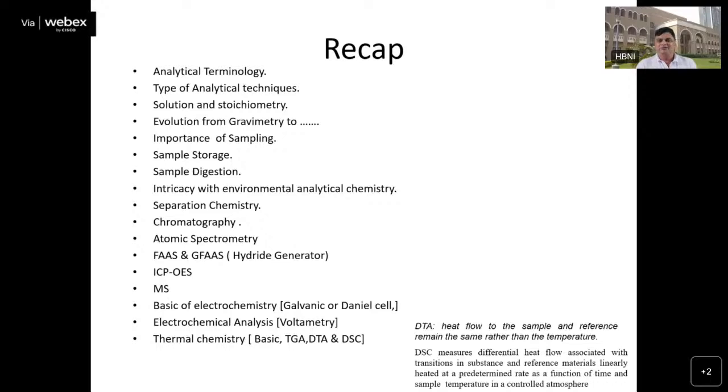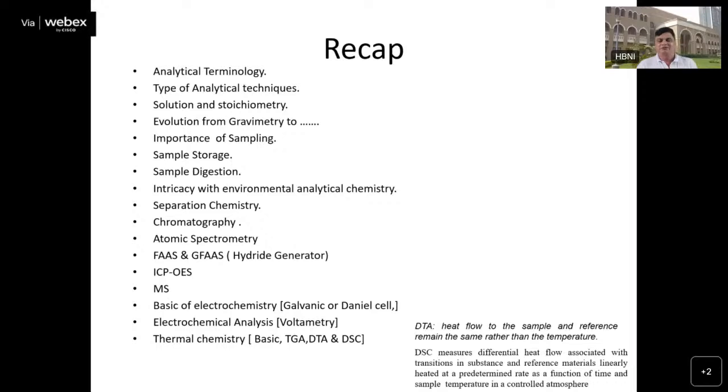And then there are background interferences, like continuous molecular interference, that we avoid by using the deuterium lamp.